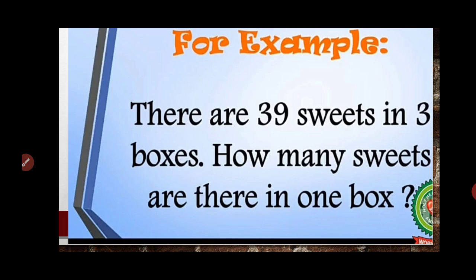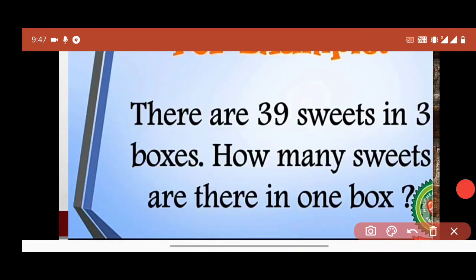There are 39 sweets in 3 boxes. How many sweets are there in one box? Children, it is so easy. First of all, what was the first trick? We have to circle the numbers given in the question, right? Find out the keyword now. How many sweets are there in one box?